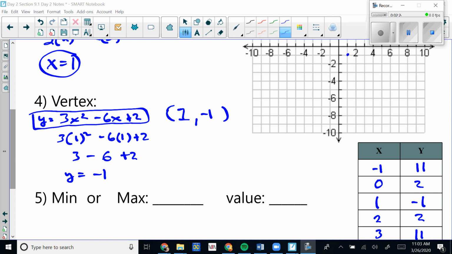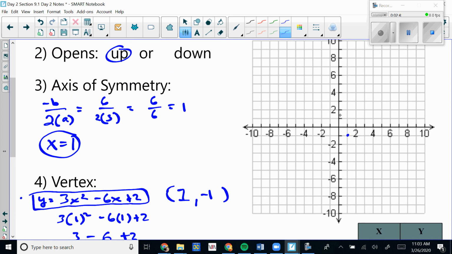Okay, so after typing in -1, 0, 1, 2, and 3 into the calculator, these are the y outputs that I got. And so I am going to put that on my graph. I'll have to scroll up and down here a little bit, but it looks like at 0 and at 2, we have the y value of 2.